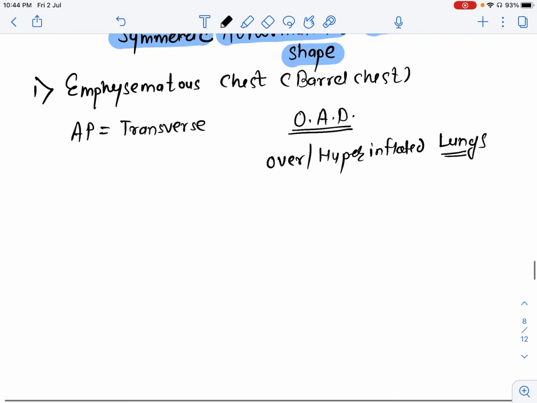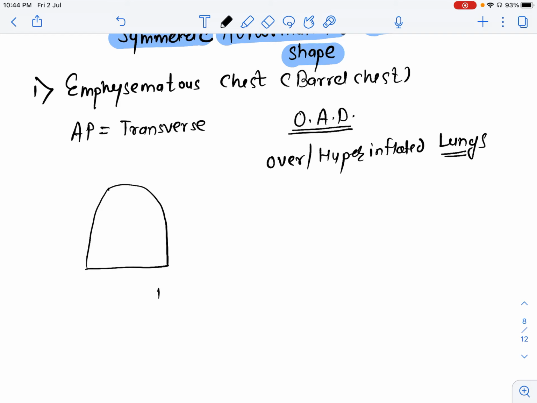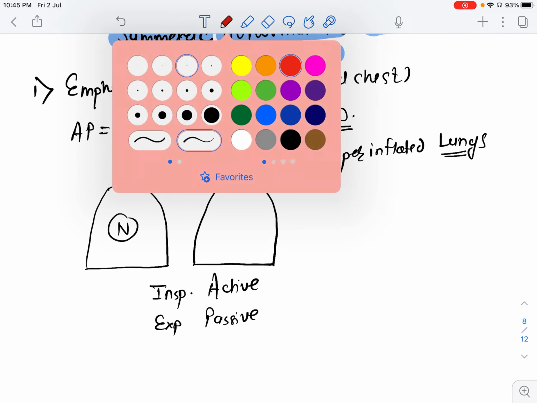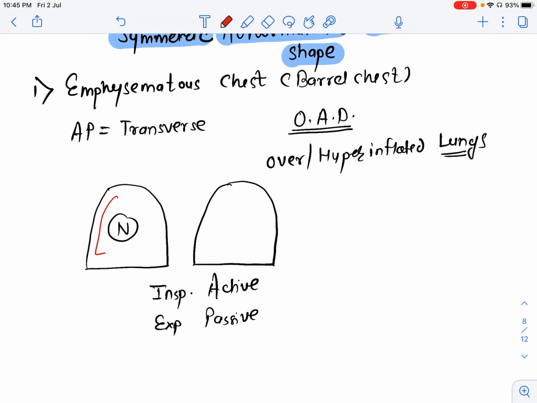Now, suppose this is a rib cage, and we all know that inspiration is an active process, whereas expiration is a passive process. Suppose this is the normal chest, and this is the chest of an emphysematous patient.